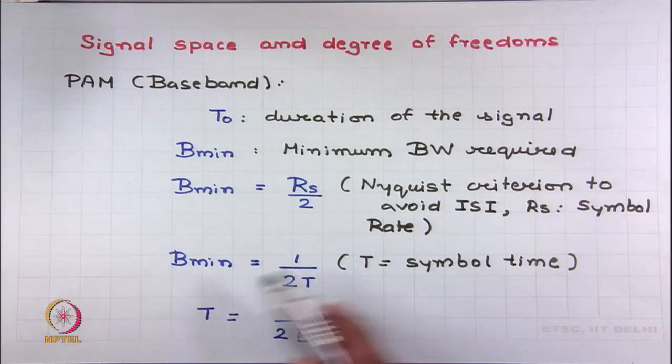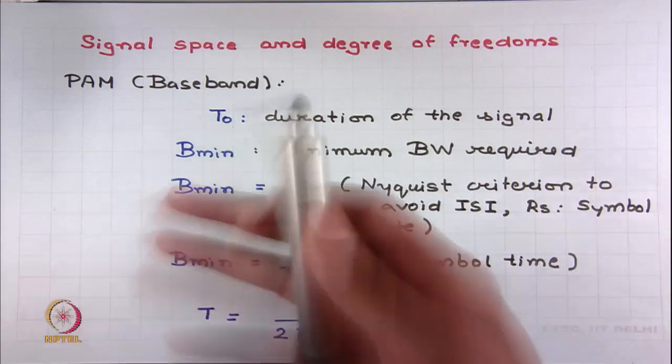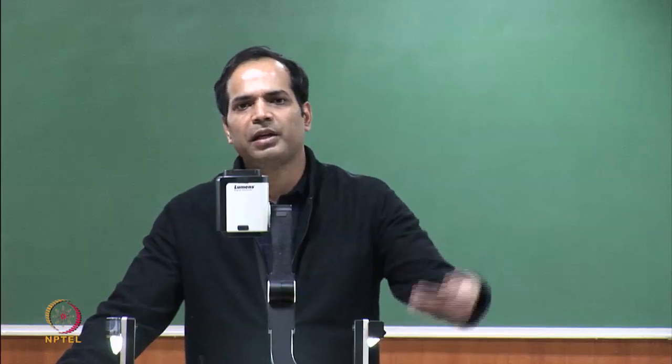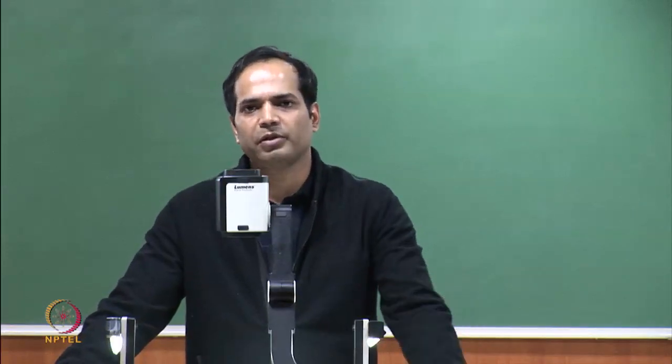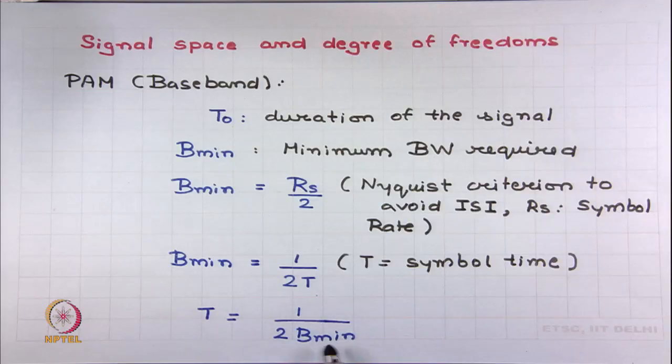So, B minimum is 1 by 2T, and the symbol rate is 1 by T. T usually denotes the symbol time in our course. The rate at which your transmitter is spitting out the symbols is 1 by T. So, from this we get T as 1 by 2 B minimum.